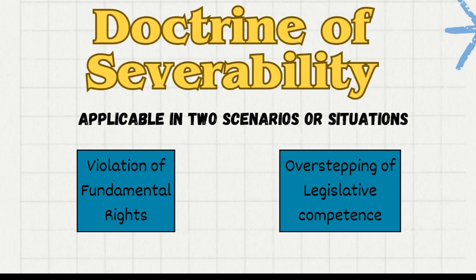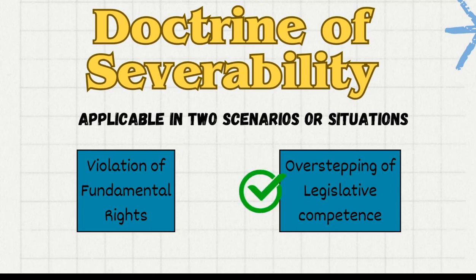Number one, in the case of violation of fundamental rights contained in Part 3 of the Constitution, and number two, in case of overstepping or exceeding of legislative competence by the concerned legislature. In both cases, the unconstitutional provisions are severed or removed from the valid provisions.